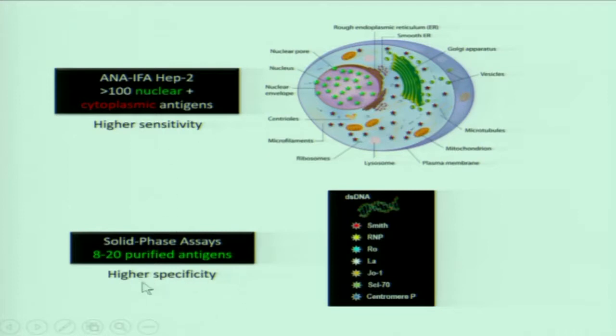But altogether, it has higher specificity but low sensitivity. This is the BioPlex 2200 that we will probably get at Emory, and that is really all over the literature. It has 12 or 13 antigens. I'm not sure all of them are here, but I'll show it to you later.